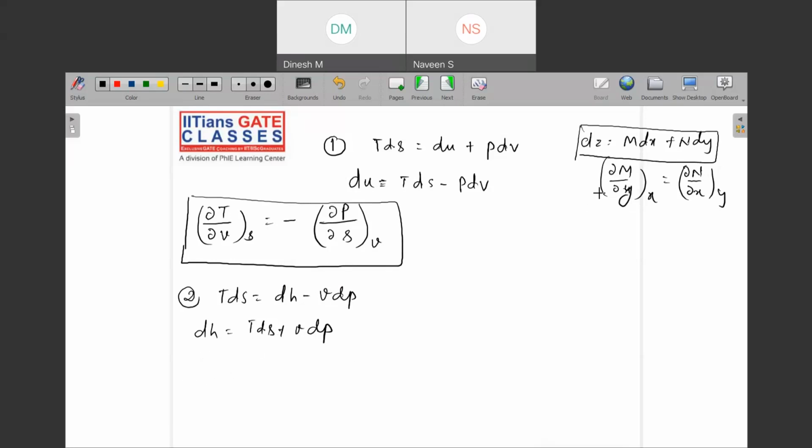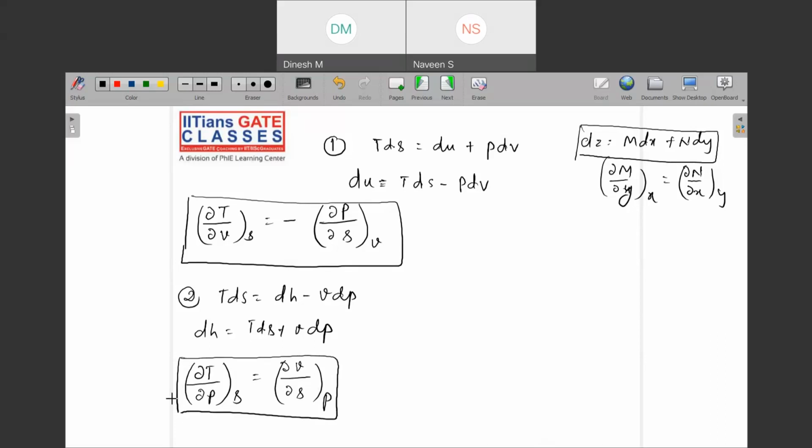Here your m is T and your y is P. So can I write del T upon del P at S constant is equal to del V upon del S at pressure constant? So this is your second Maxwell equation.